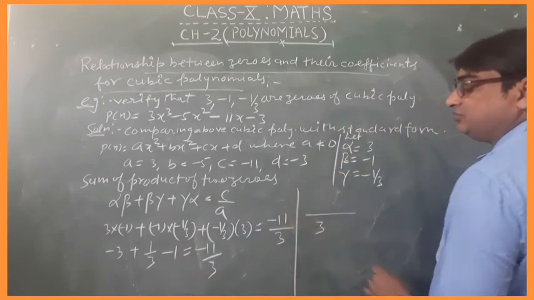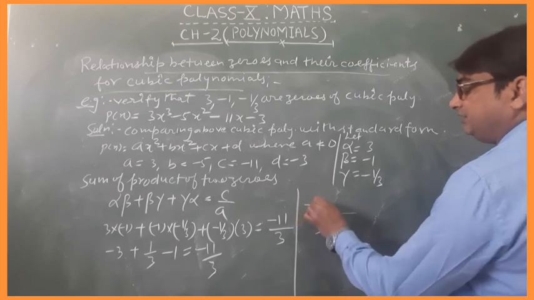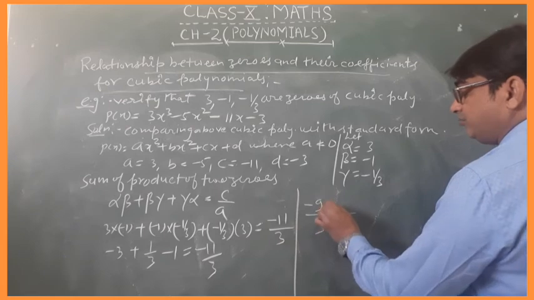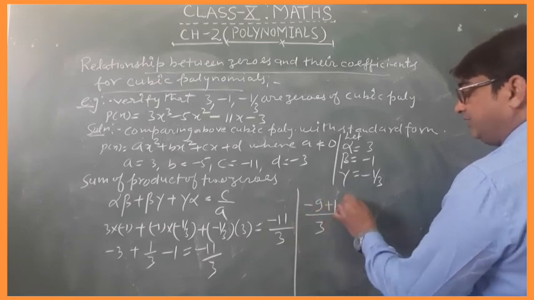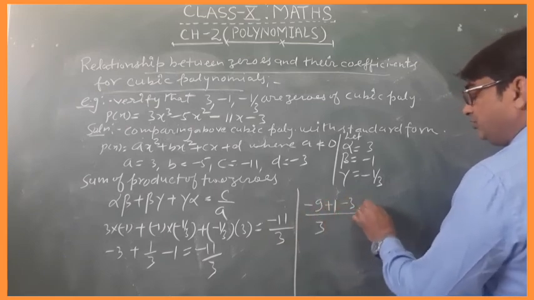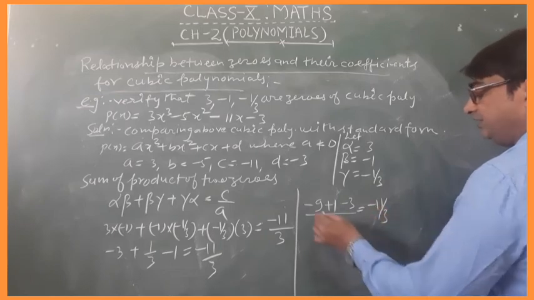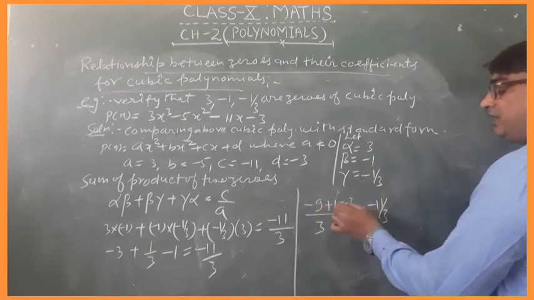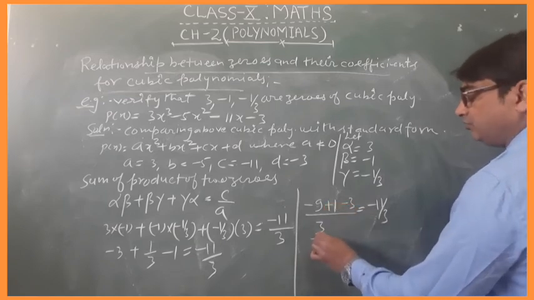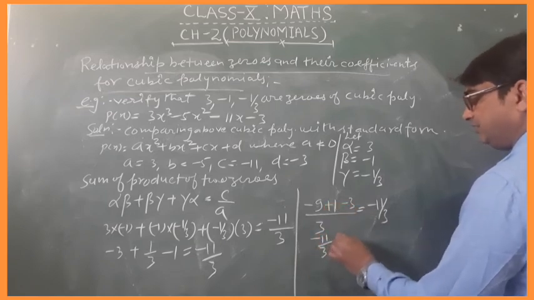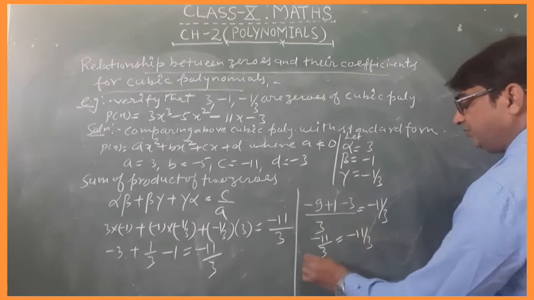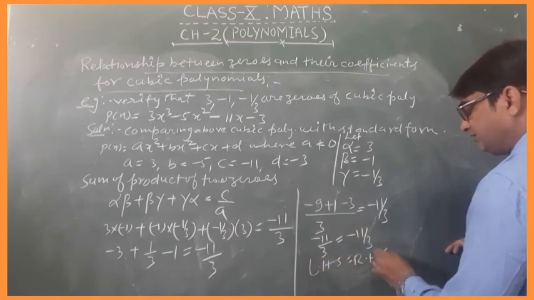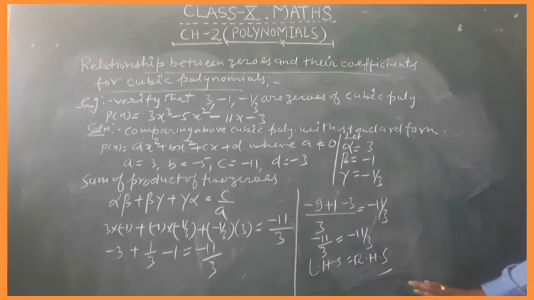The LCM is 3. 3 times 3 is 9, minus 9, plus 1 and minus 3 is equal to minus 11 by 3. It means minus 3, minus 9, minus 12, plus 1 is equal to minus 11 by 3. LHS is equal to RHS. The second relation is verified.